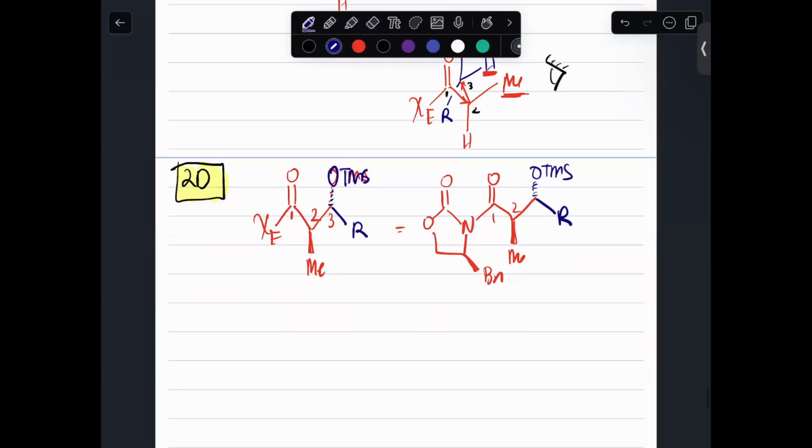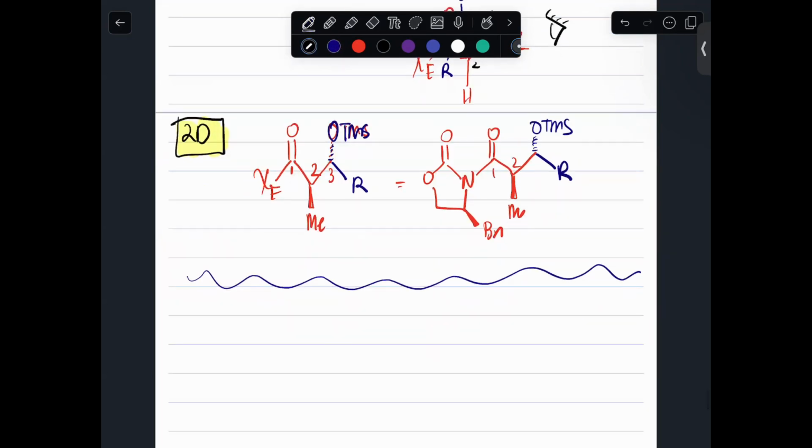Not surprisingly, when you have the enantiomer, Evans oxazolidinone, it proceeds through the same transition state.